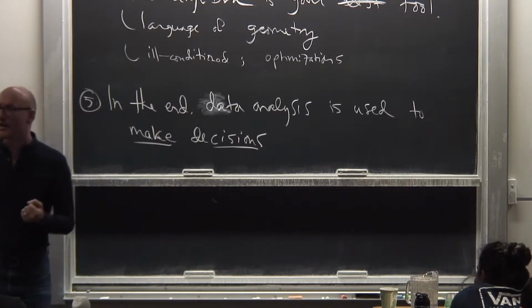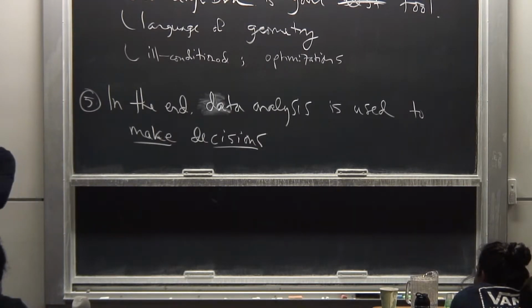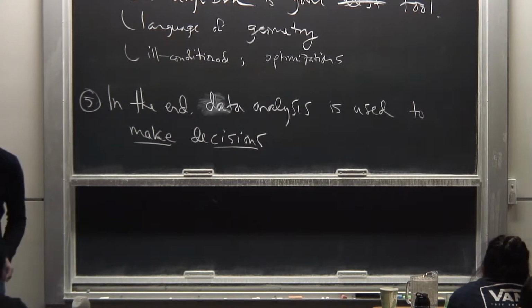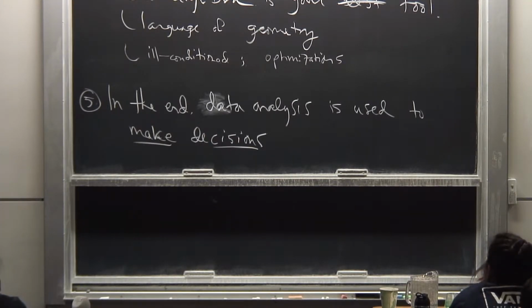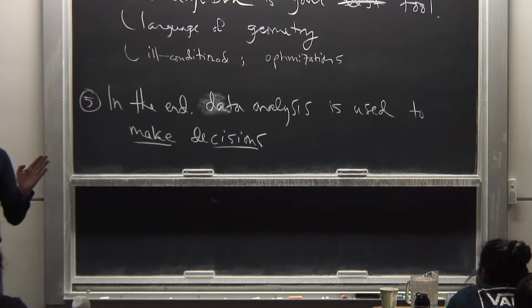You're doing data analysis to provide something back to the community, which might be a paper. It might be some result. It might be some posterior probability over something. It might be some intermediate data product that somebody else can use. But those things are the results of your decision making, and your decision making is based on your data analysis.